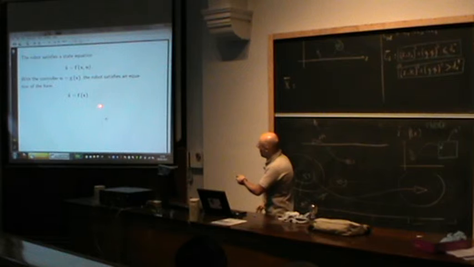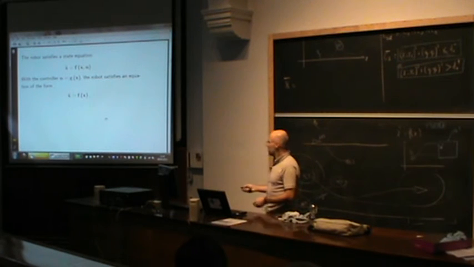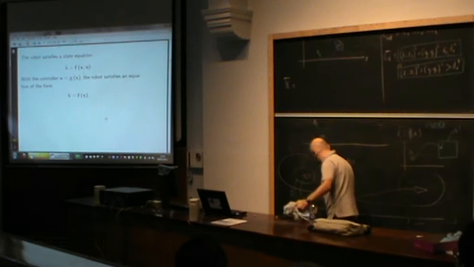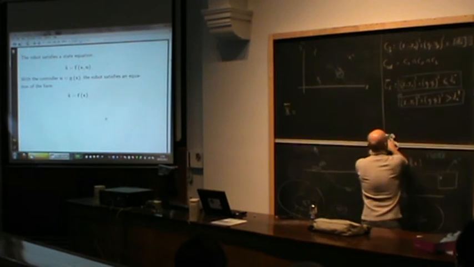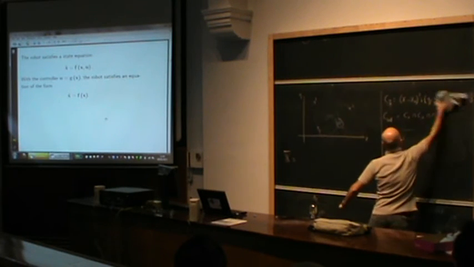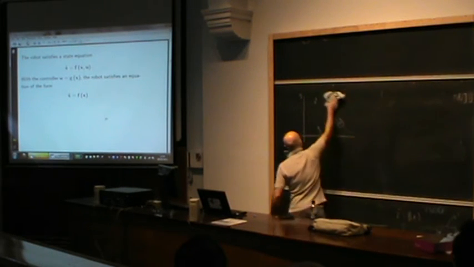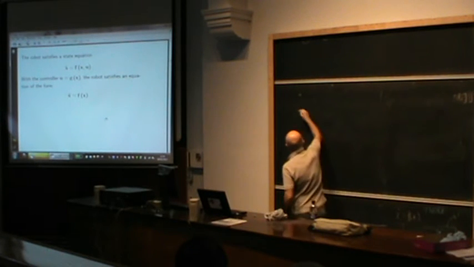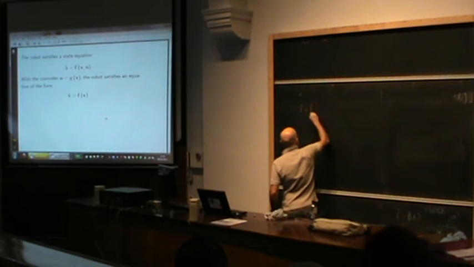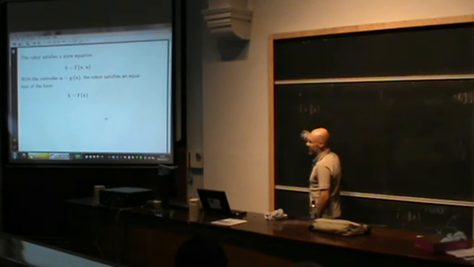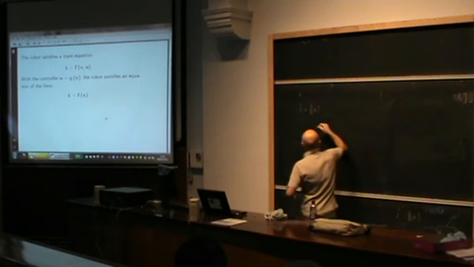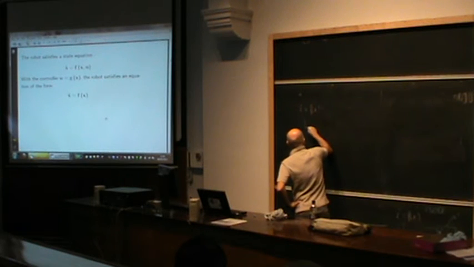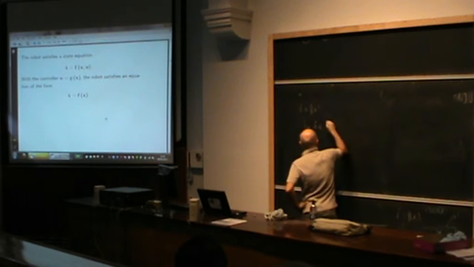Now we have uncertainty. Because we have uncertainty, we cannot write anymore that x dot, the state derivative, is exactly equal to f of x. The uncertainty can be noise, can be whatever, so we describe it by x dot belongs to F of x.